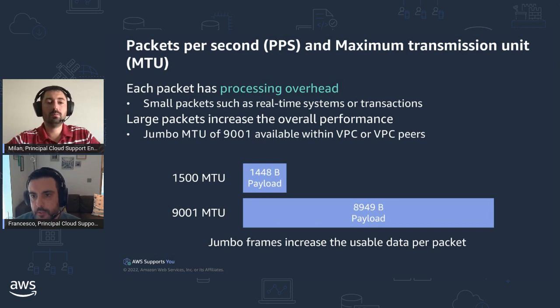The reason for this is that each packet has a processing overhead for all the systems that are traversing it, from AWS and the ENI, to the operating system, and your application itself. So limiting the number of packets that are traversing the network will allow you to get better performance for all intents and purposes. Unfortunately, as we said, 1500 is the de facto standard over the internet.